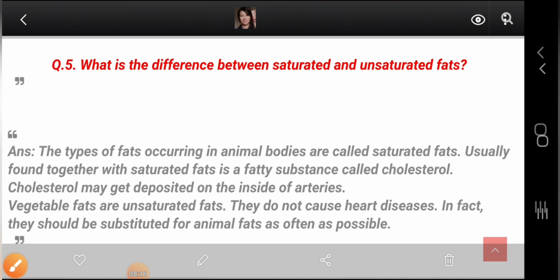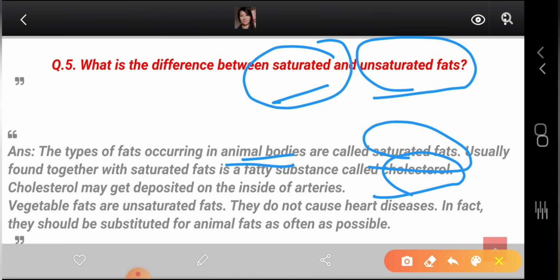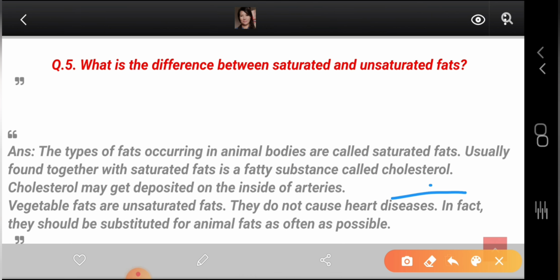What is the difference between saturated and unsaturated fats? The type of fat occurring in animal bodies is called saturated fat. Saturated fat is usually found together with a fatty substance called cholesterol. Cholesterol may get deposited on the inside of arteries.